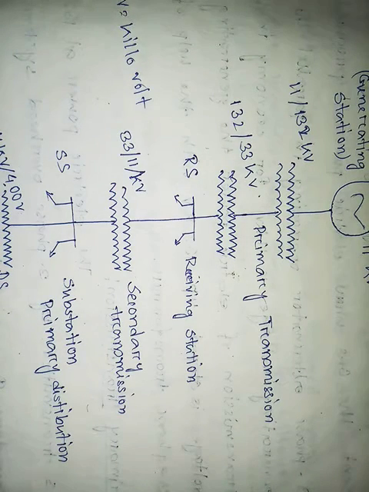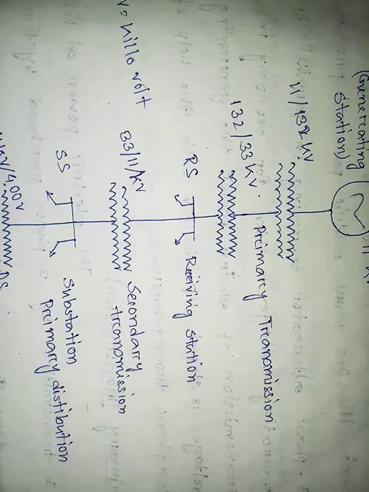Actually, in the receiving station, all the power is gathered at a common point, and after that they supply whatever the requirement is. Coming to secondary transmission, the primary transmission power goes to the receiving station. Here the power is reduced and monitored.